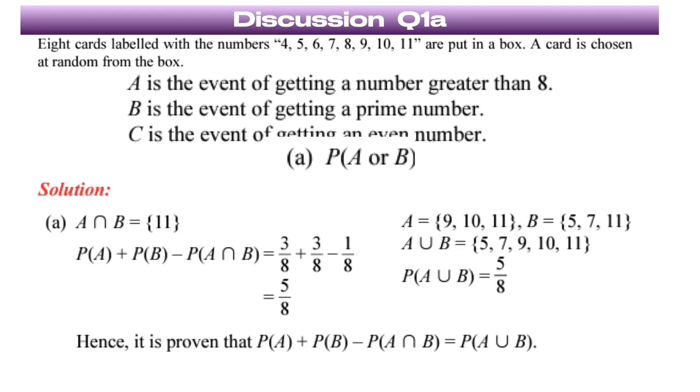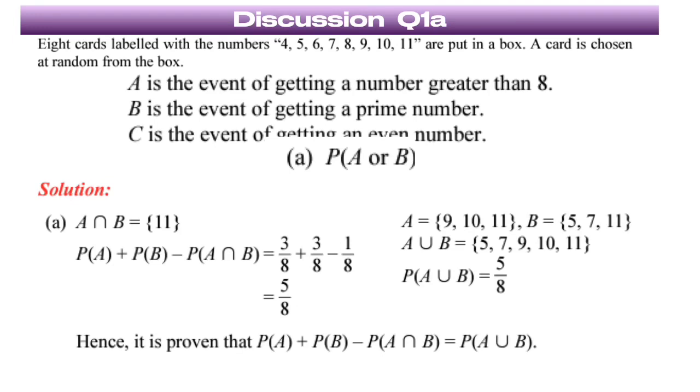So, first of all, we need to list out A. Greater than 8, we have 9, 10, 11. Set B, we have prime numbers 5, 7, 11. A union B, we have 5, 7, 9, 10, 11. So the probability of A union B is 5 out of the total sample space of 8.